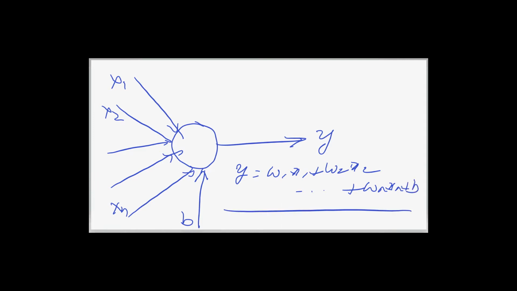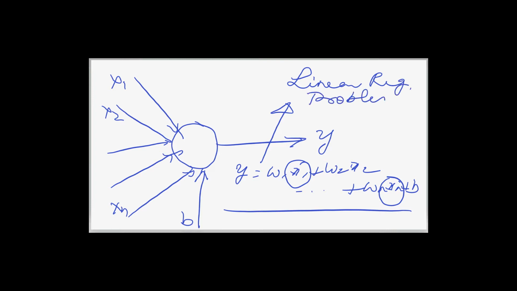We have a linear equation in n variables, which is now more powerful than the simple model that we have seen before. Now, this can solve any linear regression problem in n variables.